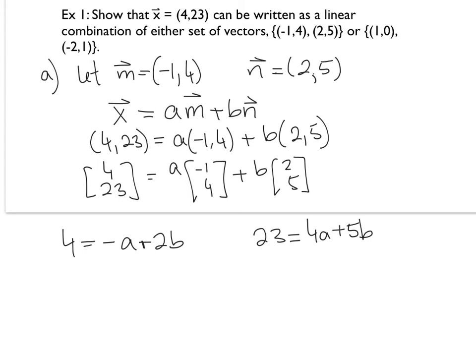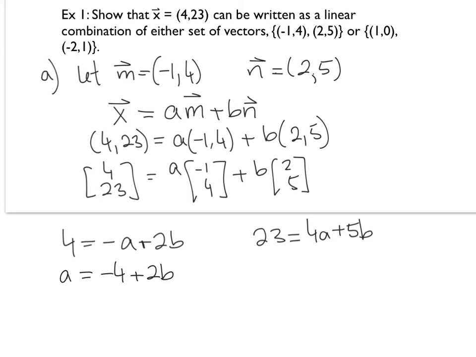So now you have two equations, two unknowns. We can either use substitution or elimination to solve for our scalar quantities. I'm going to start with the first equation here and solve for a. So I'm just going to isolate a and bring everything to the other side, multiply by a negative, so I get a equals negative 4 plus 2b.